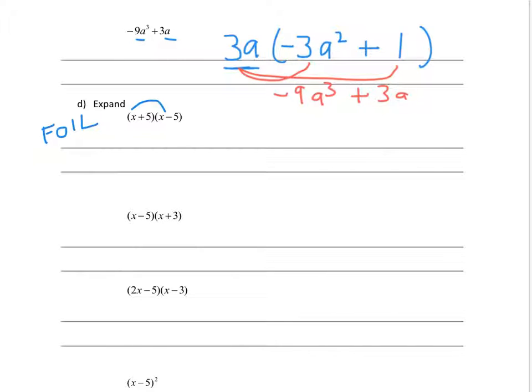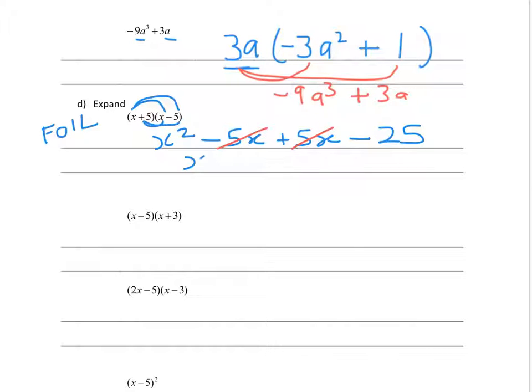So the front terms, x squared, outer terms, that would be a minus 5x, inner, plus 5x, and last, positive 5 times negative 5 is negative 25. Now remember, you can cancel those two inner terms. If I give you 5x and I take 5x away, we're back to 0.